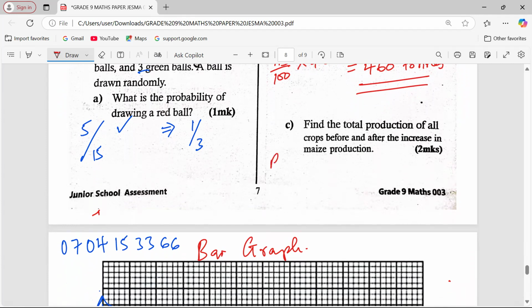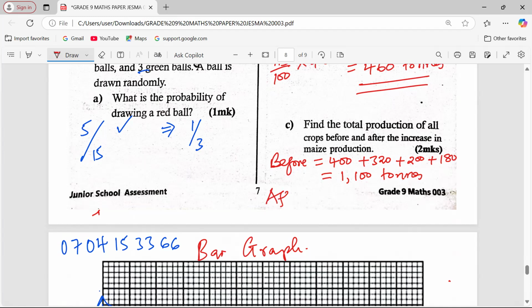So before maize increased, we add production, which was 400, 320, 200, then 180. That way. And this total is going to be 1,100 tons. That's the total production.